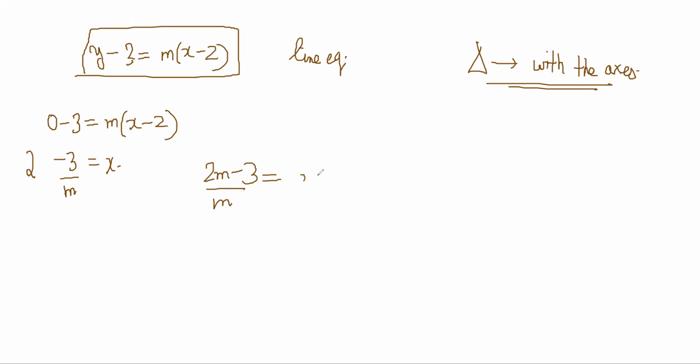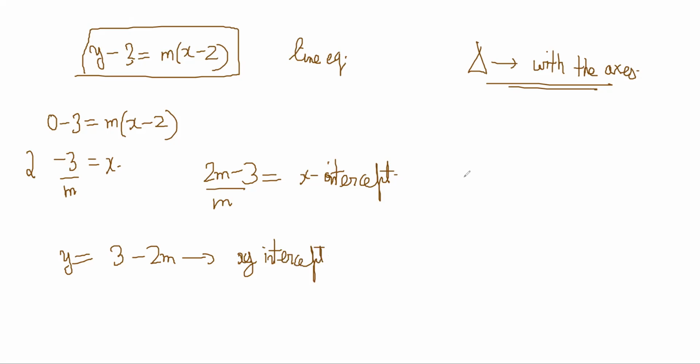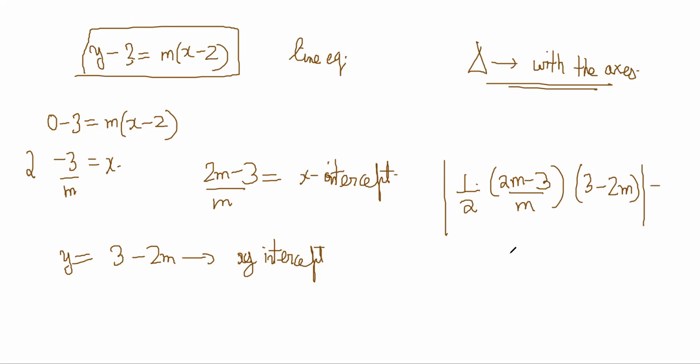This is your x-intercept. For the y-intercept, put x is 0, so y is minus 2m plus 3, that is 3 minus 2m. Area is equal to half into (2m minus 3)/m into (3 minus 2m), and the mod of that is equal to 12, right?